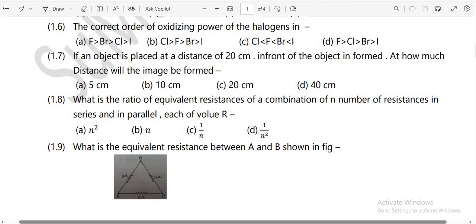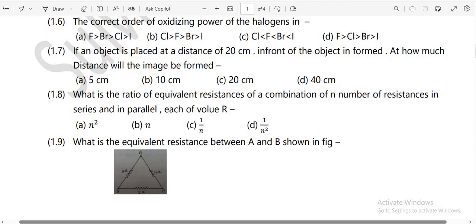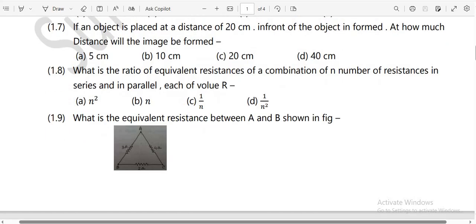Option A 5 cm, option B 10 cm, option C 20 cm, option D 40 cm. 1.8 What is the ratio of equivalent resistance of a combination of n number of resistances in series and in parallel, each of value r? Option A n square, option B n, option C 1 by n, option D 1 by n square.